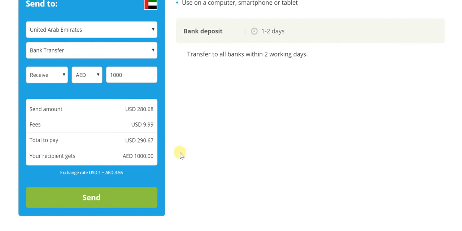Now, these are some fabulous aspects of World Remit because everything is so clear. You know the exact amount to send, you know the exact fees that would apply, you know the total that you need to pay for the recipient to receive a very specific pre-chosen amount, with the exchange rate also being fixed.